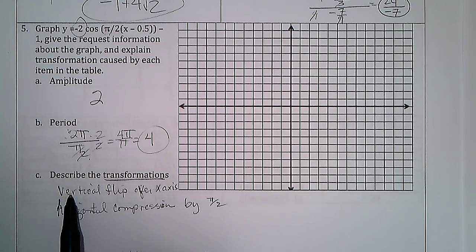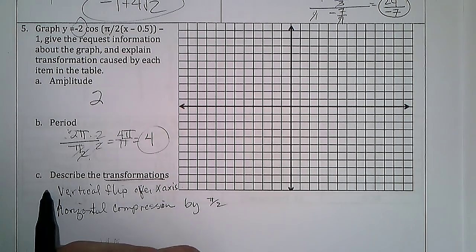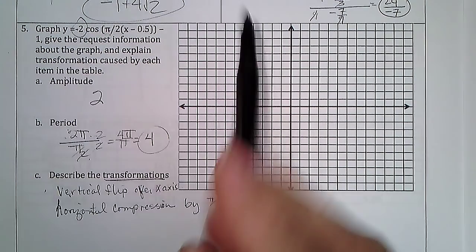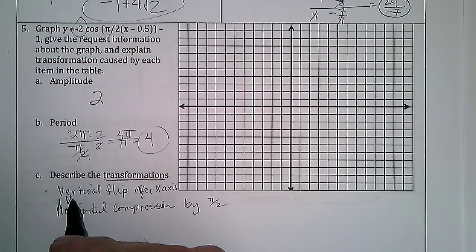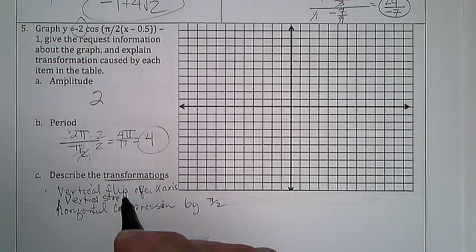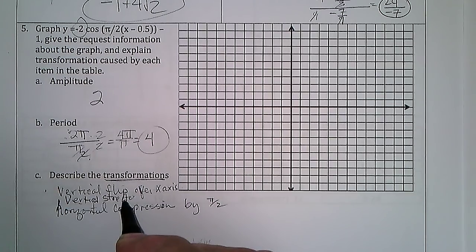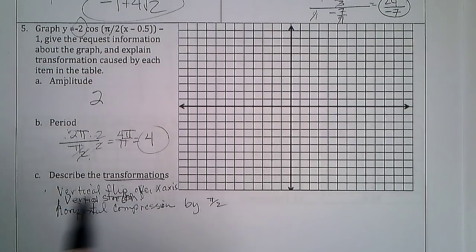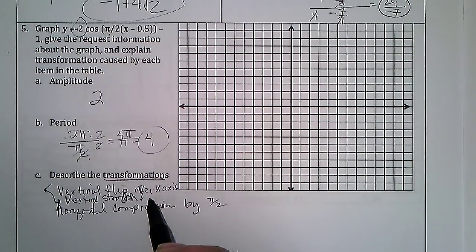The vertical flip, I should say, was because of the -2, and there's also a vertical stretch. I should put that in there right with this one. Or an increase in the amplitude of 2.